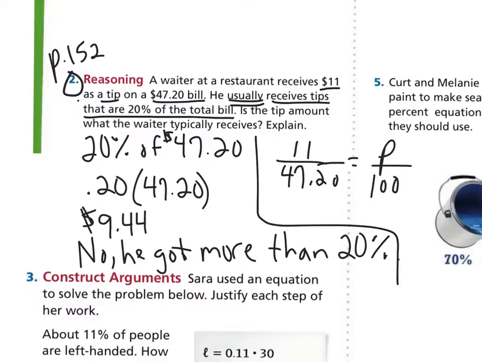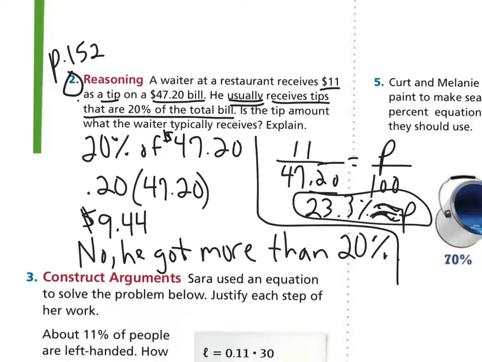So this problem, solving for P, you could say the P is being divided by 100. You could multiply by 100 on both sides, and that would be 1,100 divided by $47.20. When you divide that out, it comes out to about 23.3% approximately, so we can do a little squiggly equal sign there.